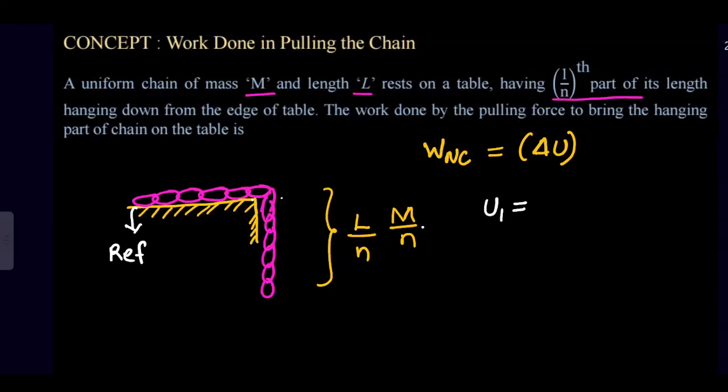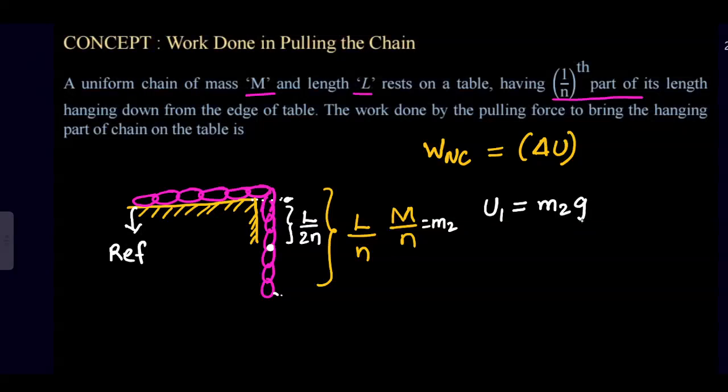If I call this hanging mass M2, its potential energy is M2 g times the height of its center of mass. We have taken the table as the reference line. At this location it is 0, but at this location it is L by N, so we take the center of mass, which lies here, at L by 2N.